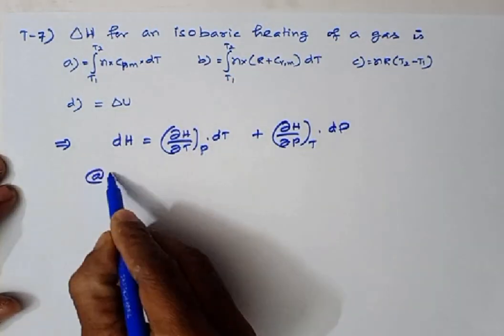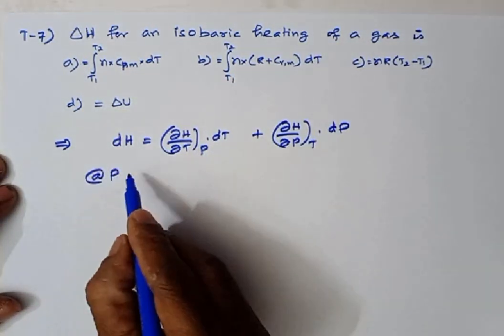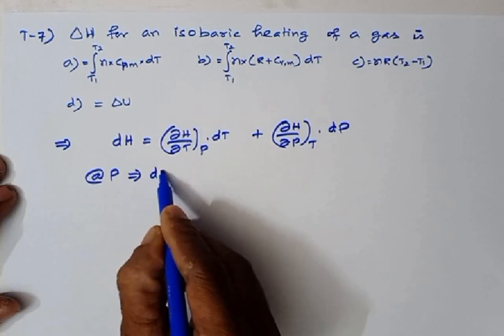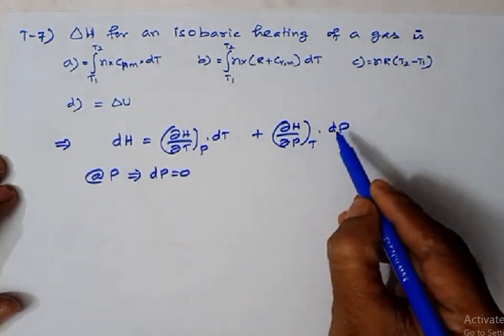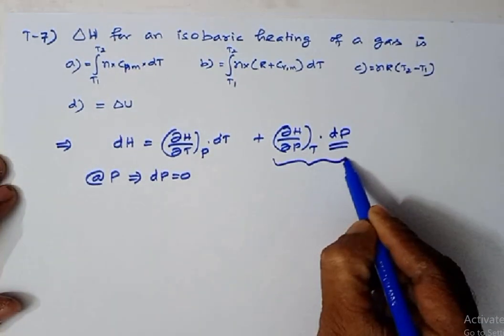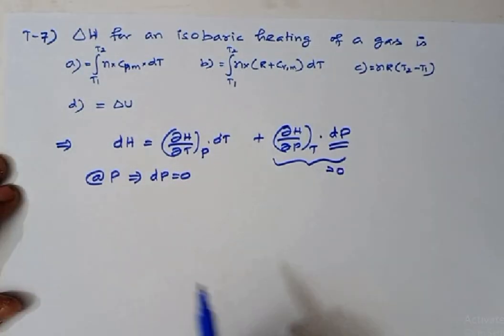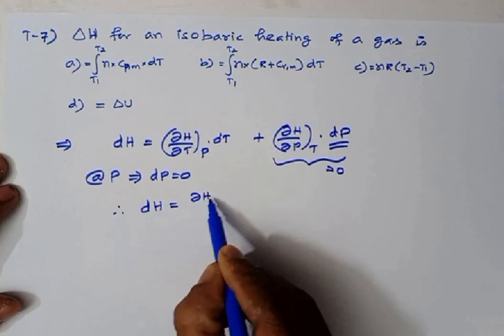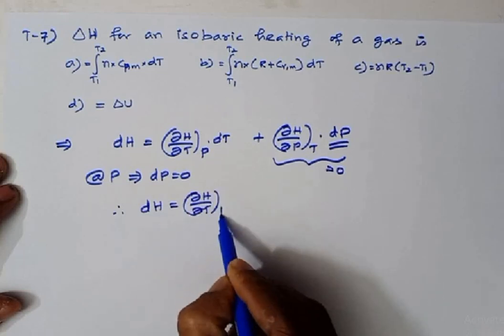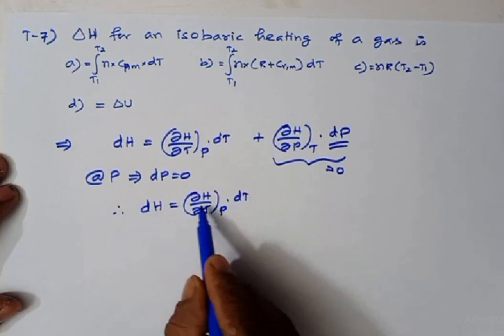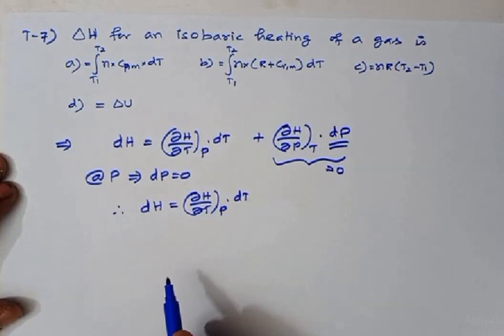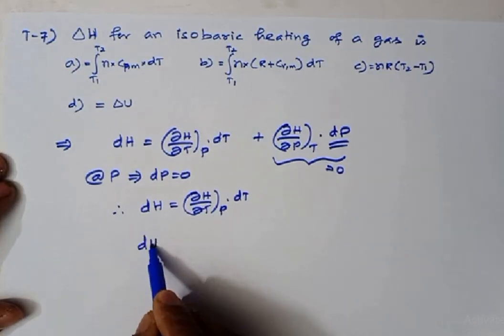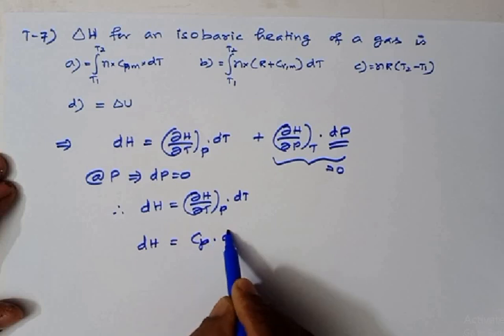Now, at constant pressure, if you keep pressure constant, then dP becomes equal to 0. So if you put dP as 0, then this entire term becomes 0. Therefore, we get dH is equal to (∂H/∂T) at constant pressure into dT. This quantity is nothing but Cp. So dH is equal to Cp into dT.